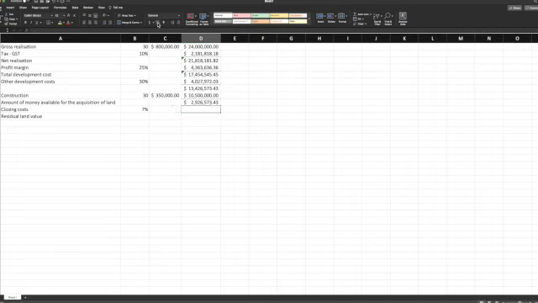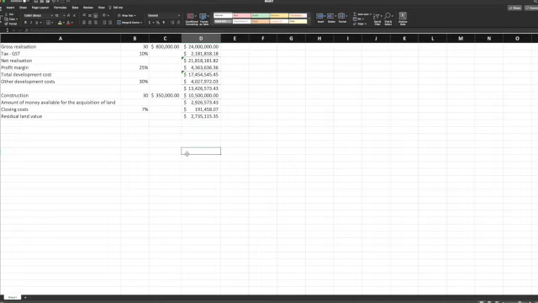Now, exactly the same as what we've done up above, we're working backwards. So here we need to say the 2.9 million divided by 1 plus our 7%, so 107%, and enter, and that becomes our number for the availability of land.